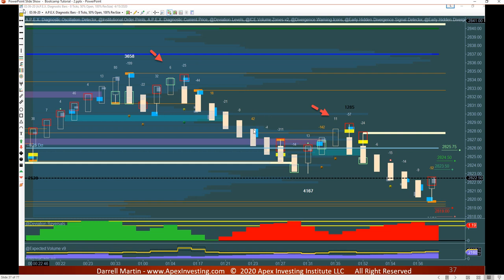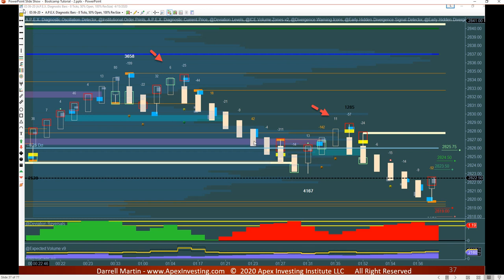But then you say, wait a minute, here's a down closed bar, and there's not a negative in front of it. Right, but see how it's orange? It's saying it's a divergent bar. Not to be confused with trend divergence, meaning this bar closed down, but there were actually more buy orders in this bar than sell orders.